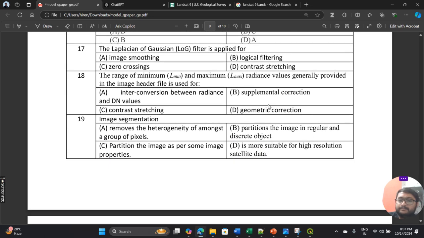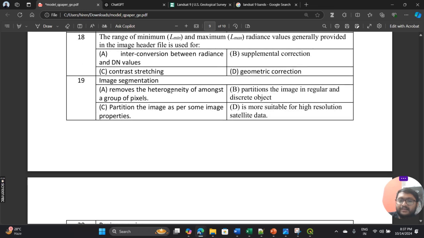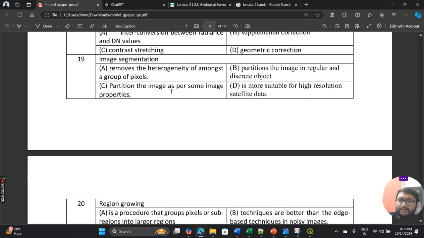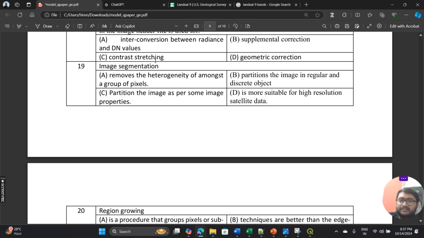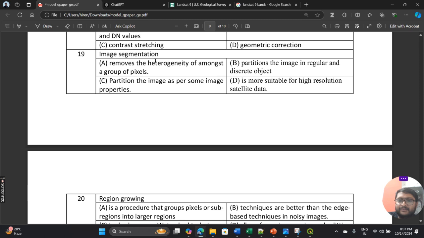The range of minimum and maximum. These are further similar, repetitive questions. Image segmentation questions really repeat in the same question paper. When this subject was offered for the first time, this model paper was given in 2022, suggesting you might expect this kind of questions in the exam.